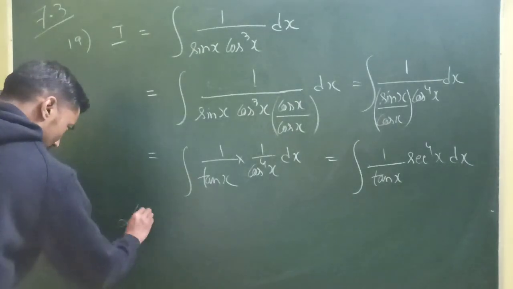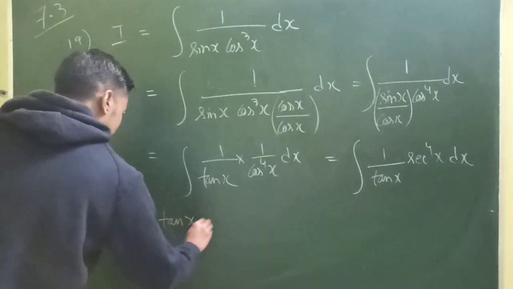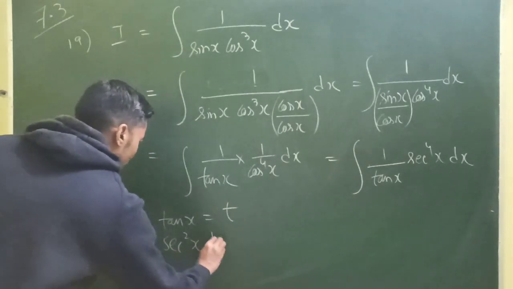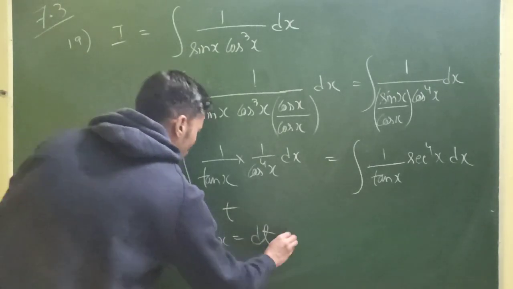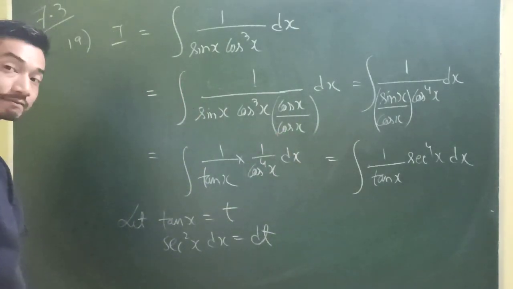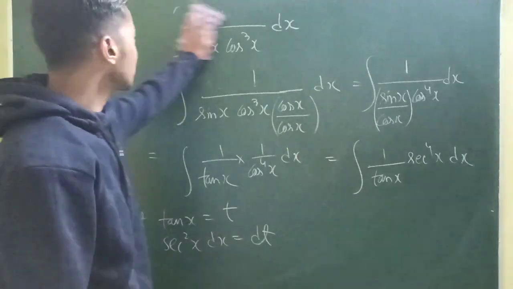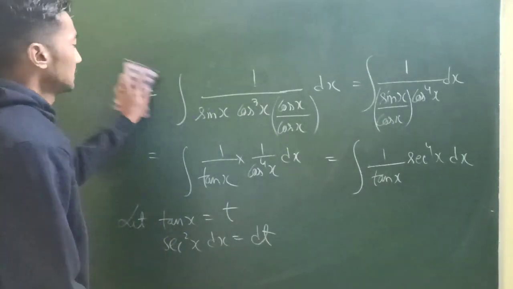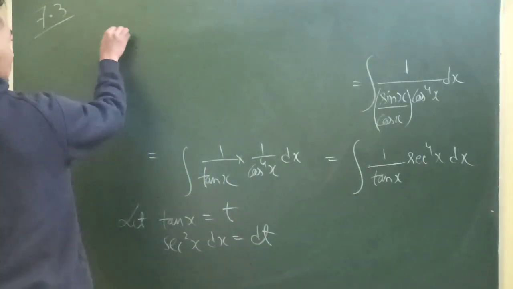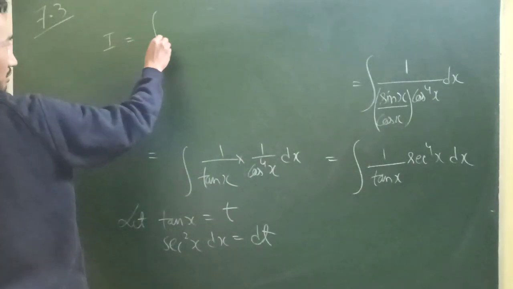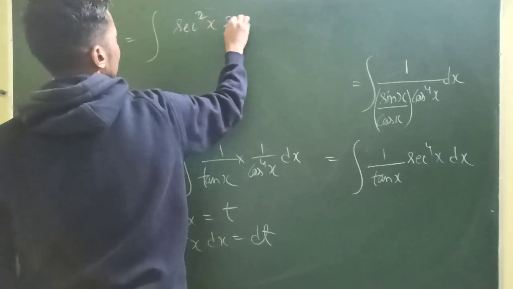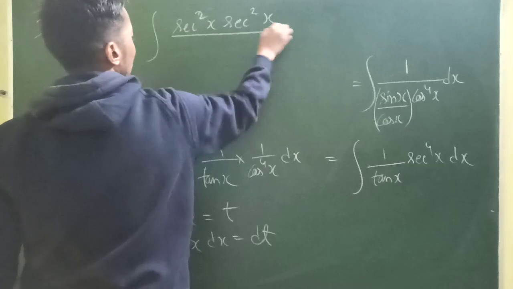Now if I substitute tan x as t, then the differentiation of tan x, sec square x with respect to x, is equal to dt. I think I will be able to do something with that. Then my integration becomes sec power 4x, with a little more arrangement.